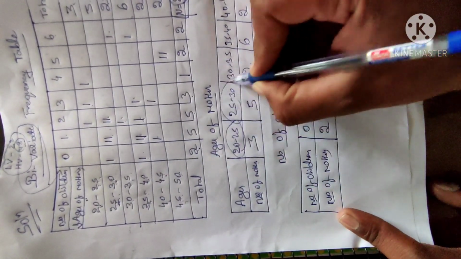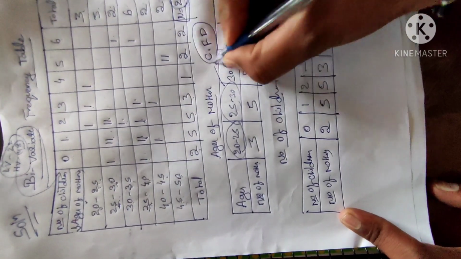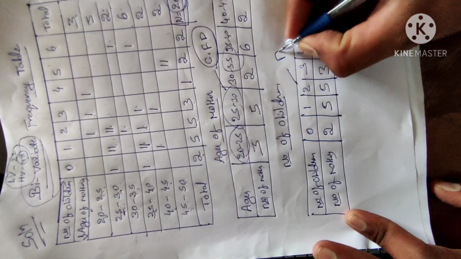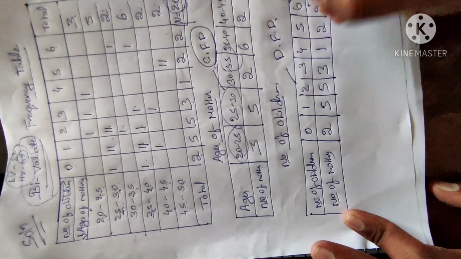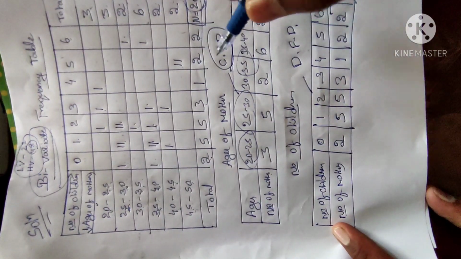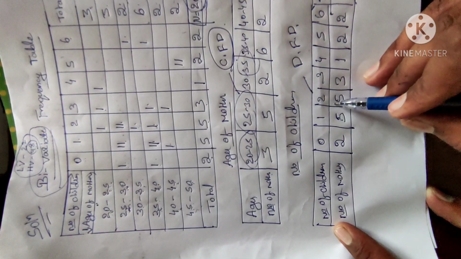This is the way bivariate data can be converted into a continuous frequency distribution. This is a continuous frequency distribution. This is discrete, meaning single values are there. Bivariate data can be converted into a continuous frequency distribution and also a discrete frequency distribution.